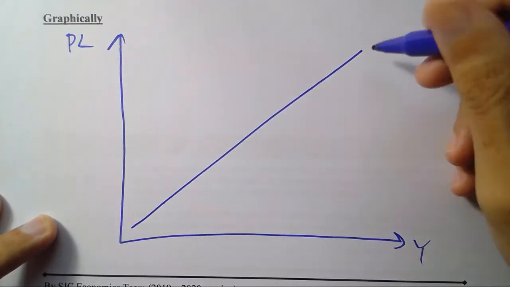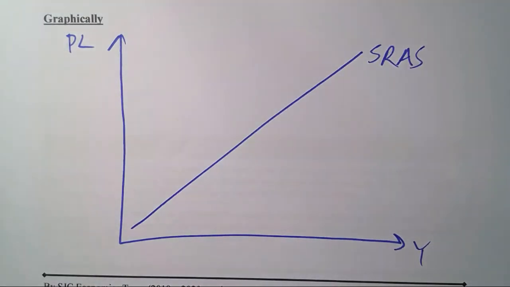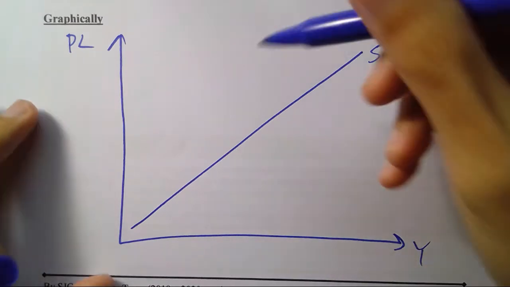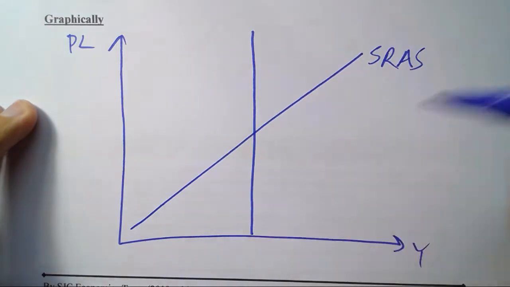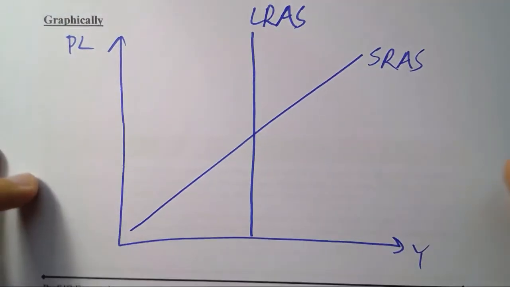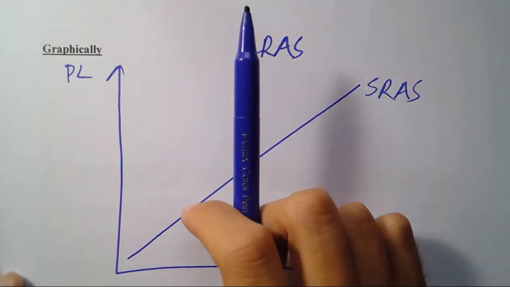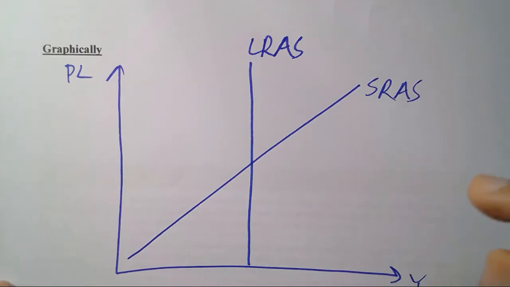For short run AS, it looks exactly like our supply curve, right? Is it the same as our supply? But now we also have another curve. We call it the long run AS curve. Okay, it is vertical, not upwards sloping.